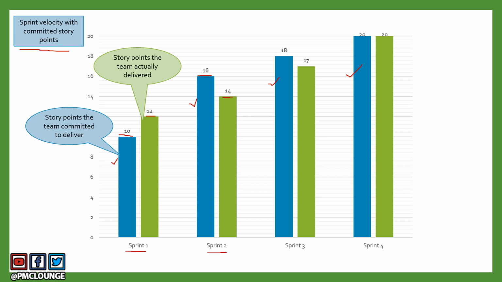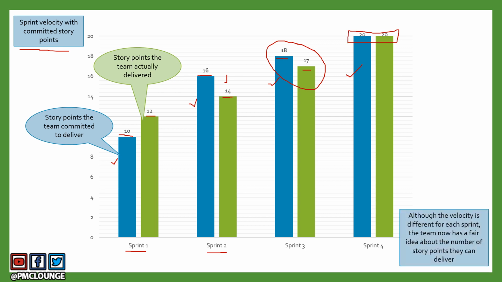And then in sprint 3, they committed to 18 and were able to deliver 17. But this is still better than sprint 2. The difference is just 1. The difference was 2 in sprint 2. And come sprint 4, the team was able to meet whatever they committed to. They committed to 20 story points and they actually delivered 20 story points.